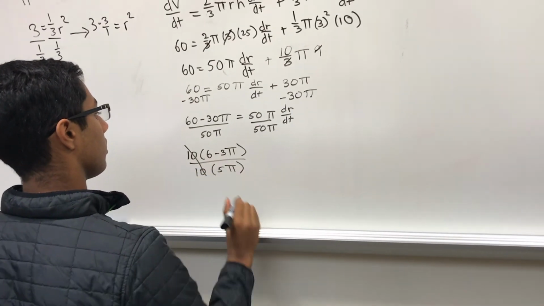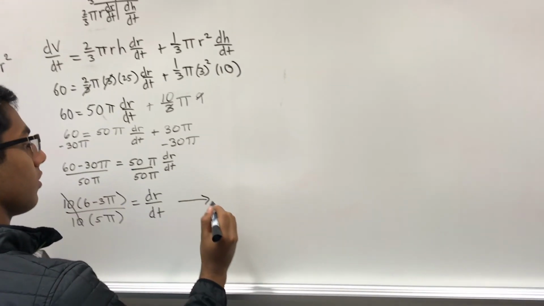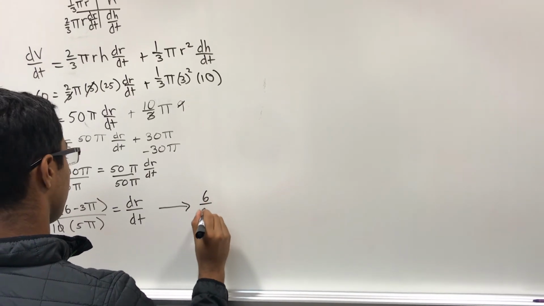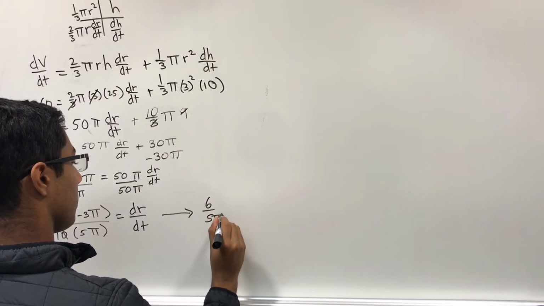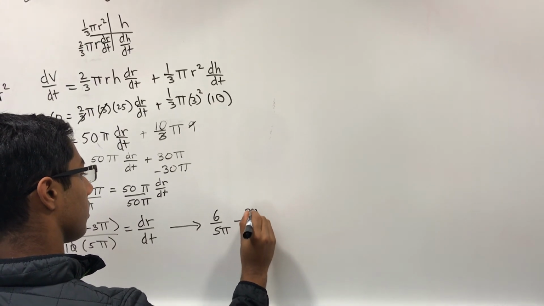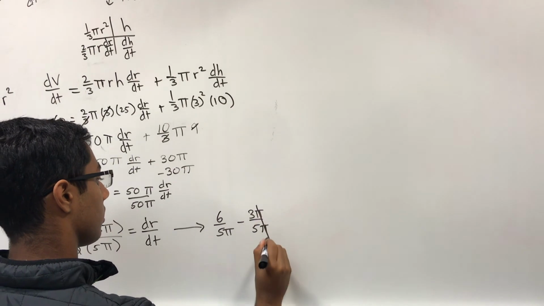Because both the numerator and denominator have a 10, we'll cancel the 10s out. But we can simplify this even more. So you can separate the terms. So it's dr/dt equals 6 over 5 pi minus 3 pi over 5 pi. Now that they're separate terms, you can cancel out the pi's in the 3 pi over 5 pi.